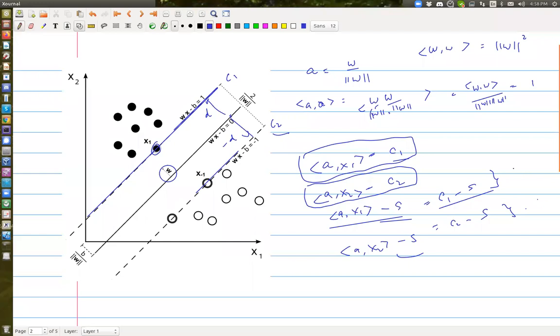Let's say this is equal to g, and this is minus g. So I basically want to match these two functions here.